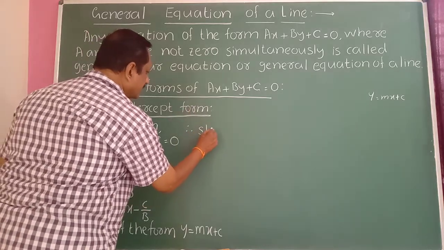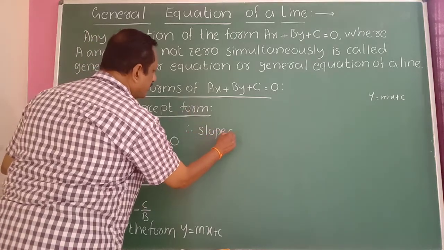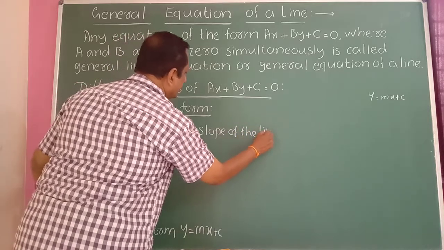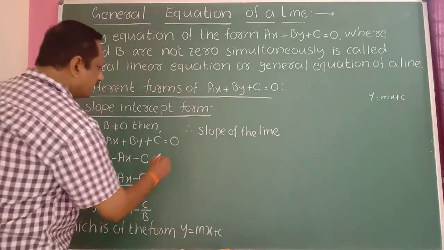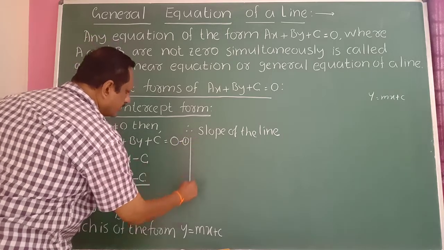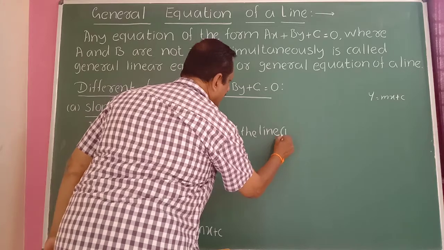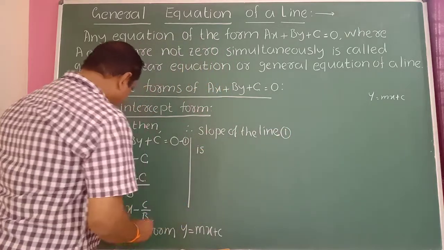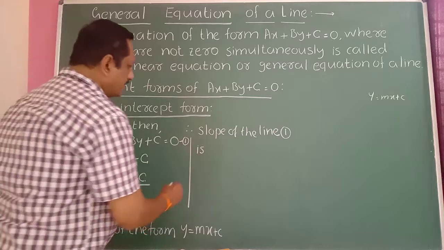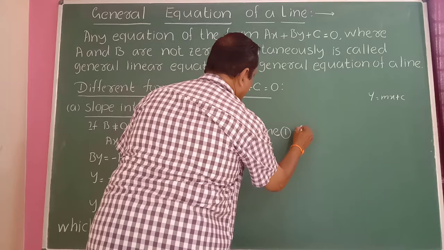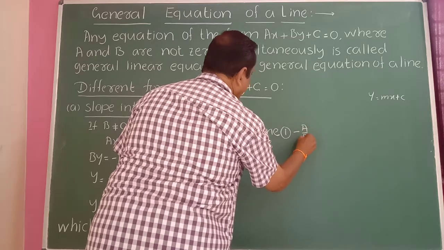Take this one as equation number 1. The slope of the line 1 is minus a divided by b.